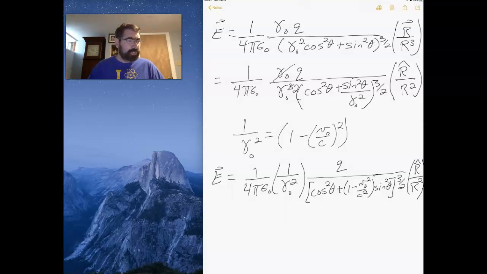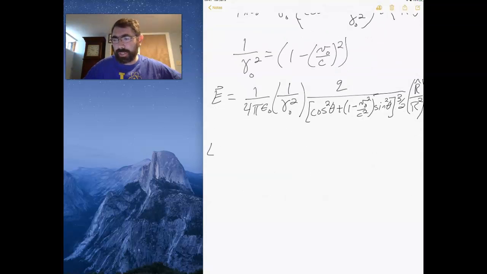Okay, so you can probably see where I'm going with this. If I now multiply the sine squared through those parentheses, I'll have a cosine squared plus a sine squared. And so I can now rewrite this as 1 over 4 pi epsilon naught. I'm going to bring that 1 over gamma squared back up and put it in the numerator.